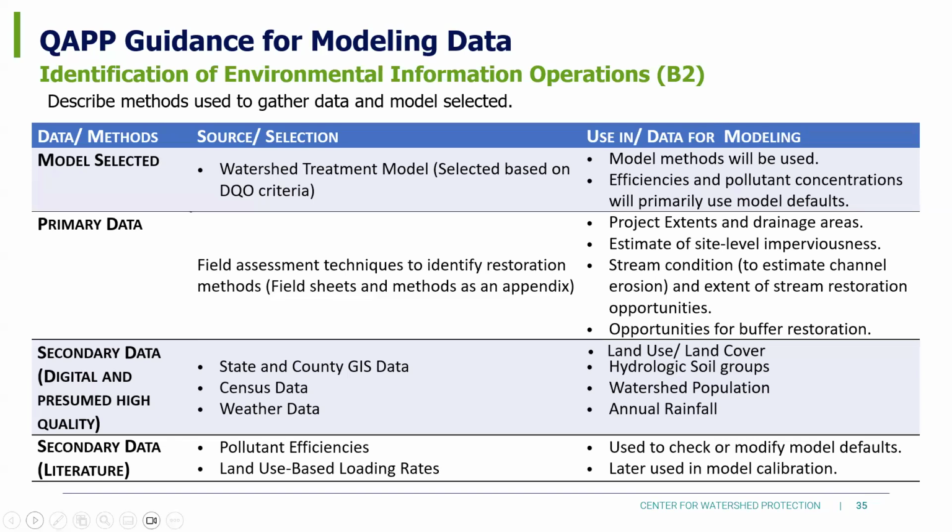So we looked in literature to see how many pounds per acre for urban land in this area. That was used to check or modify our model results, and it was later used in model calibration. Next, please.